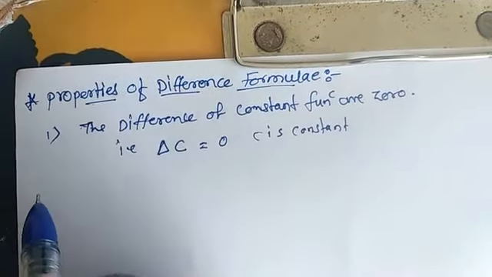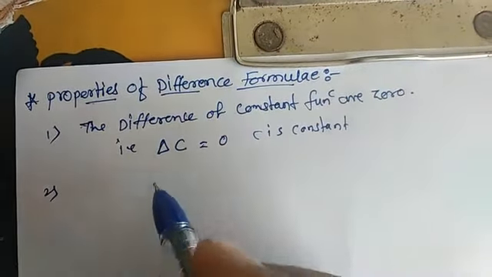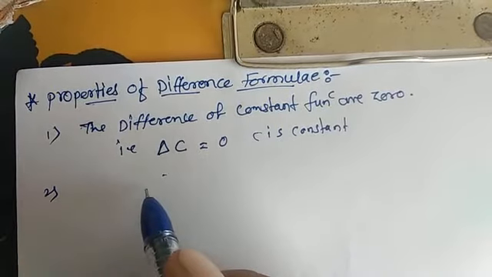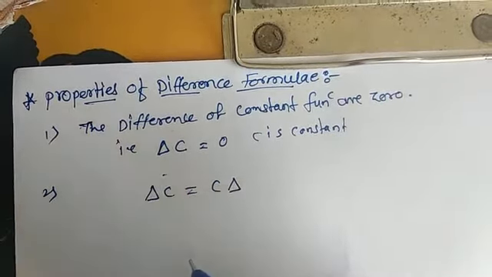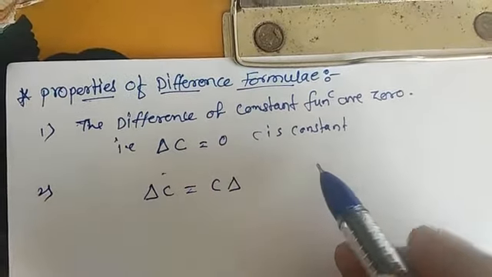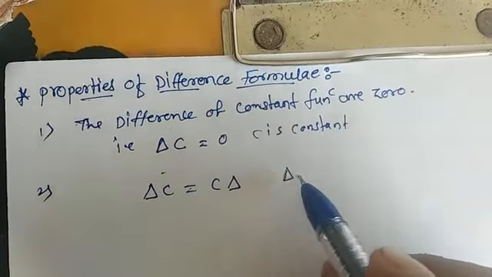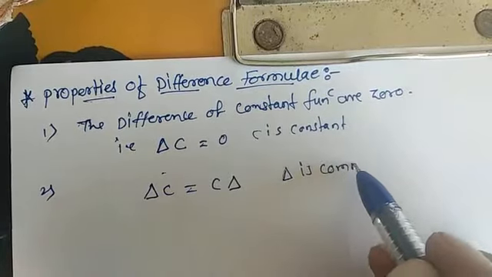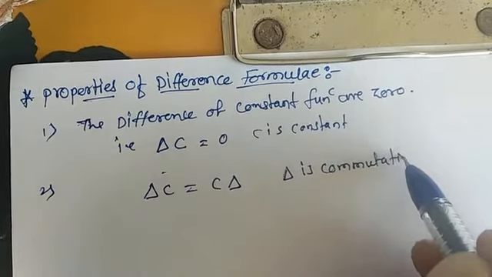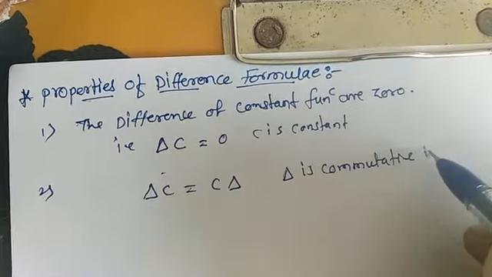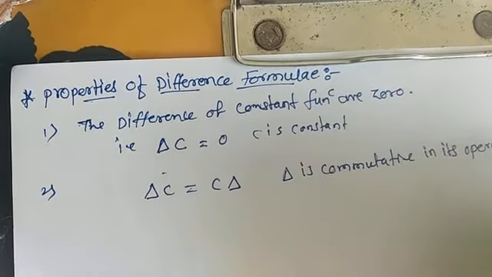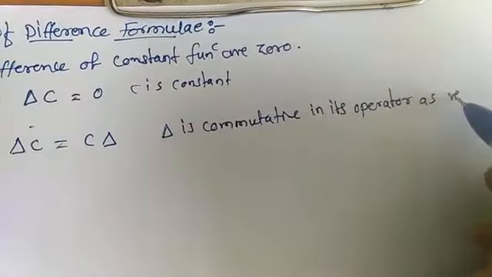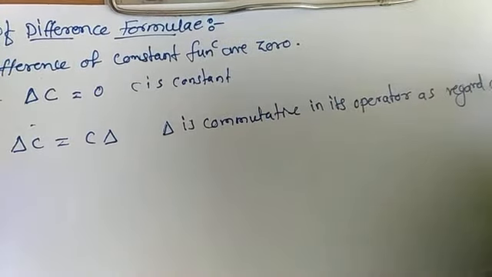Second property is Δc = cΔ. Okay, which means Δ is commutative in its operation as regards a constant, when c is a constant.